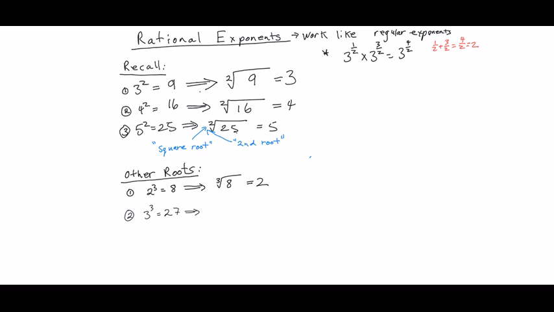So now 3 cubed equals 27. So now we can say the third root of 27 is equal to 3. Similarly, we can say 4 cubed is 64, which means the third root of 64 is equal to 4.